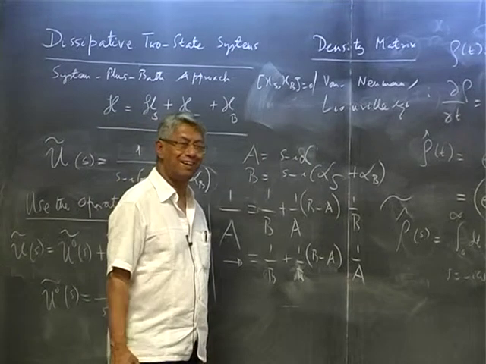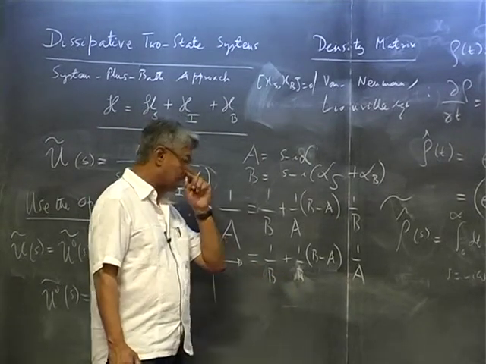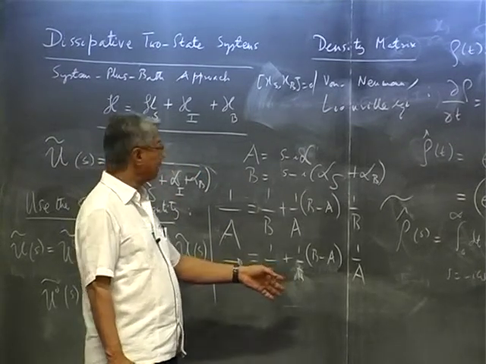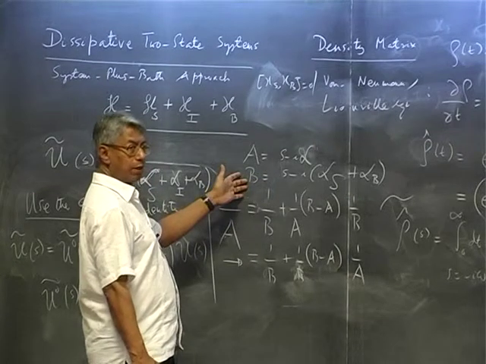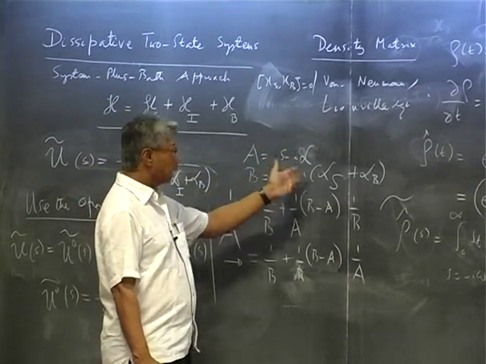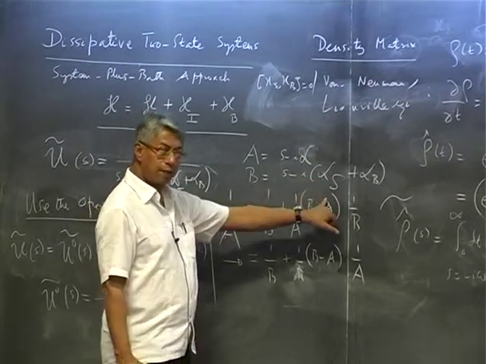A and B are arbitrary operators. So I'm identifying A with S minus i L, which is i L_S plus L_B plus L_I, and B I'm identifying with that.